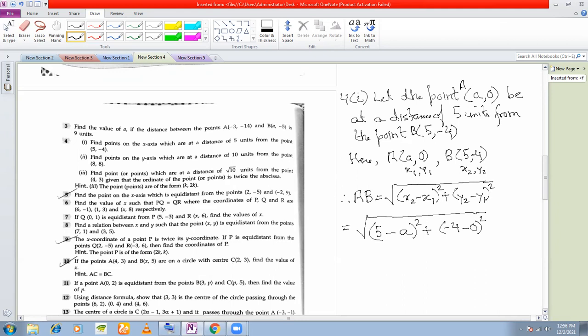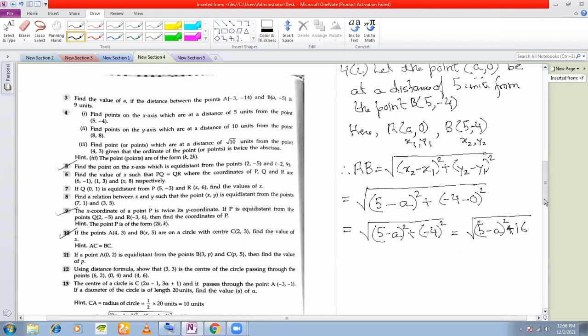Okay, so be careful when you are putting the values of x1, y1 and x2, y2. There are signs, you have to be very careful with the signs. So this comes to (5 minus a) whole square plus (-4) square. So this comes to square root of (5 minus a) whole square plus 16. So this is the distance between A and B.